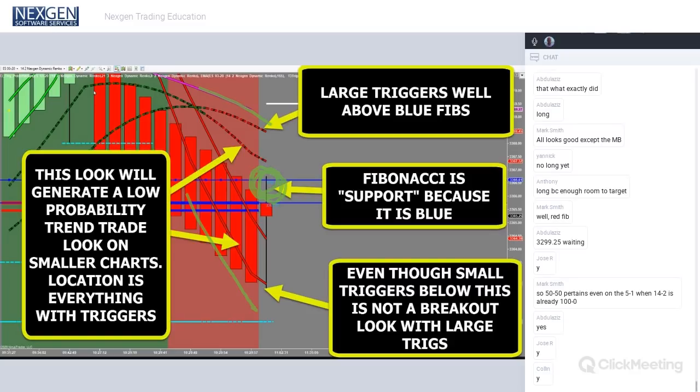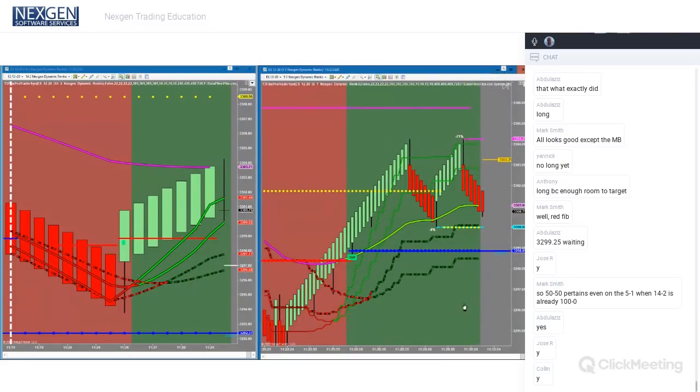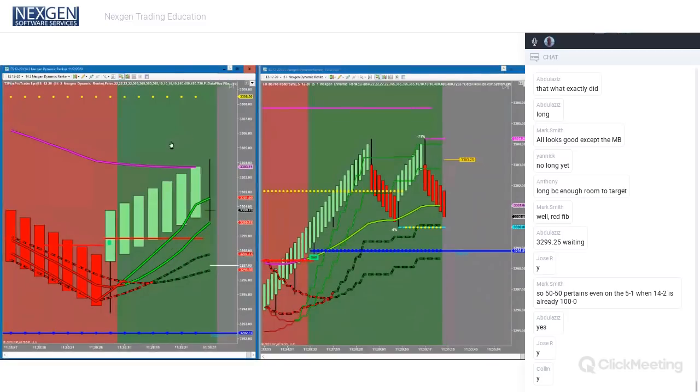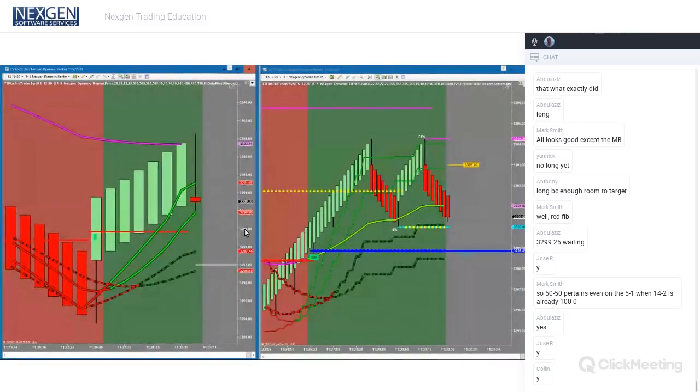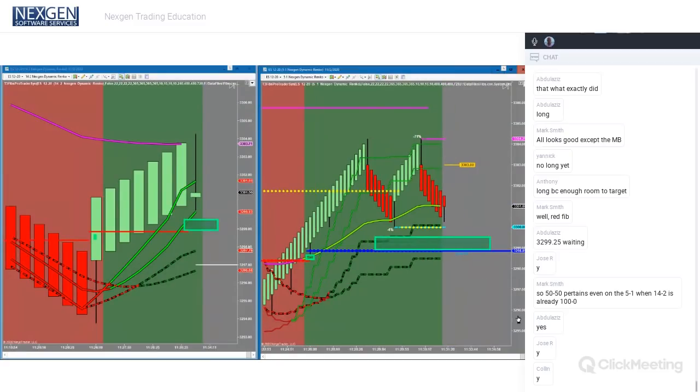So the ultimate tiebreaker is: is there anything wrong that we've got to stop? Or if it's a perfect trade, we could take it. So is there anything wrong with your 50-50 now? Because your trade is here, right? At the fibs and the triggers.